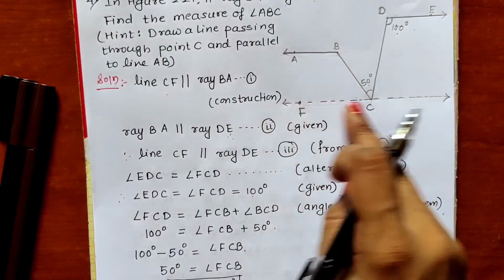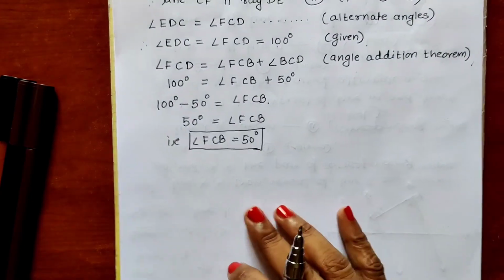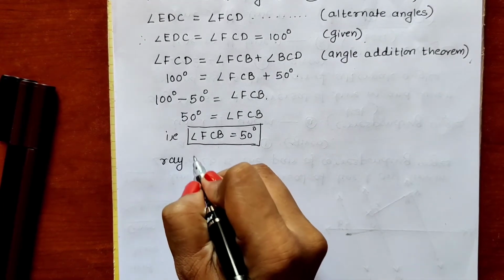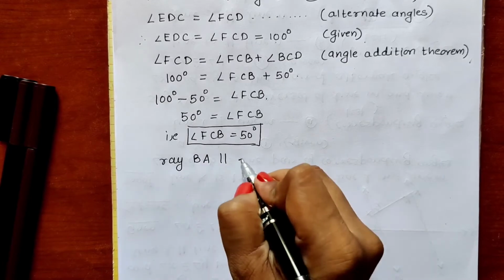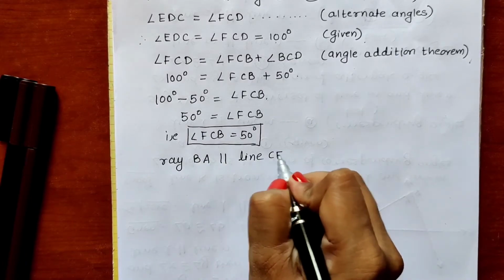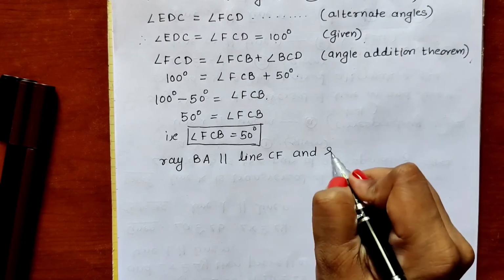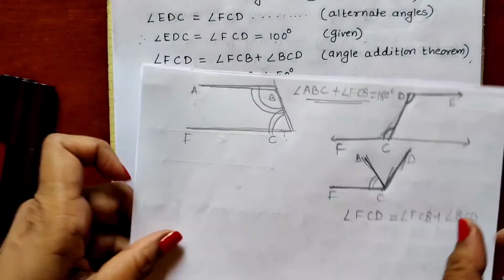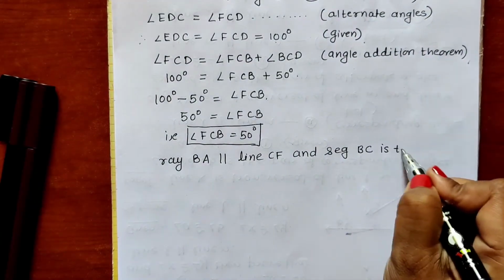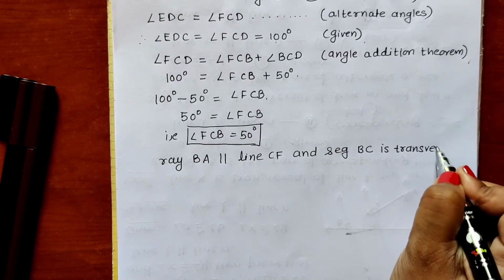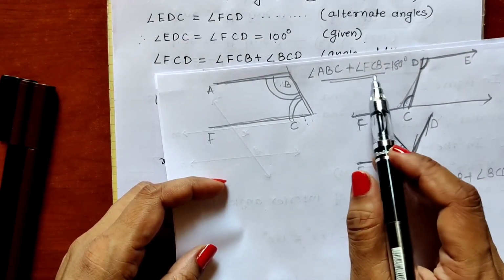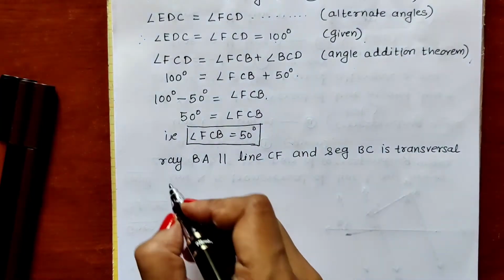So we get these two interior angles. Ray BA parallel to line CF and BC is the transversal, and due to that we have got these two angles, angle ABC plus angle FCB is equal to 180 degree.